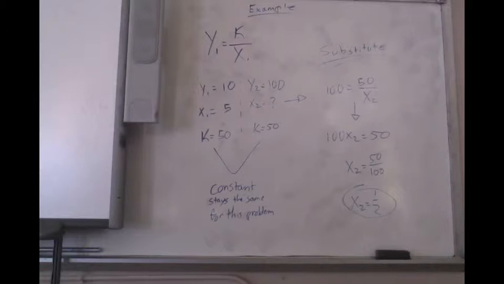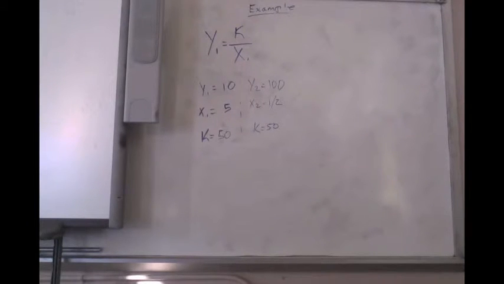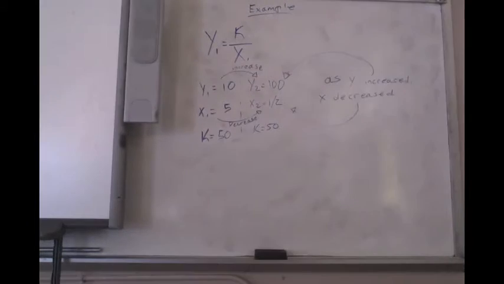And as you can see on the right side of the board, you use basic algebra to solve that. x base 2 equals 1/2. And in conclusion to that, as y increased, x decreased. y went from 10 to 100, and x went from 5 to 1/2, just through that.